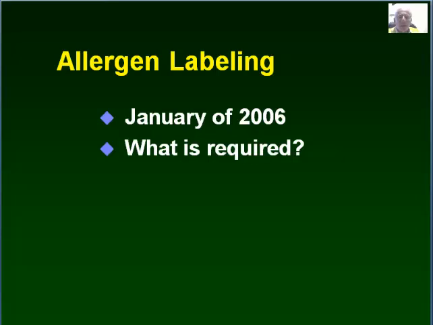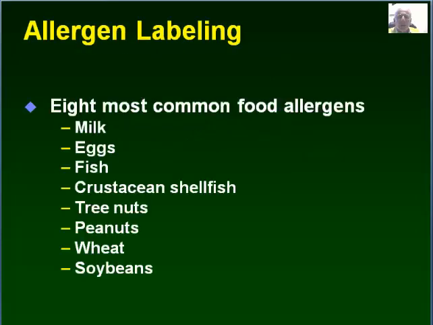The FDA, along with scientists, based on scientific evidence, identified 8 foods that were predominantly responsible for probably more than 80% of the food allergen reactions in the United States, and those were then required to be included within the labeling of food products. Milk, eggs, fish, crustacean shellfish, tree nuts, peanuts, wheat, and soybeans are the 8.